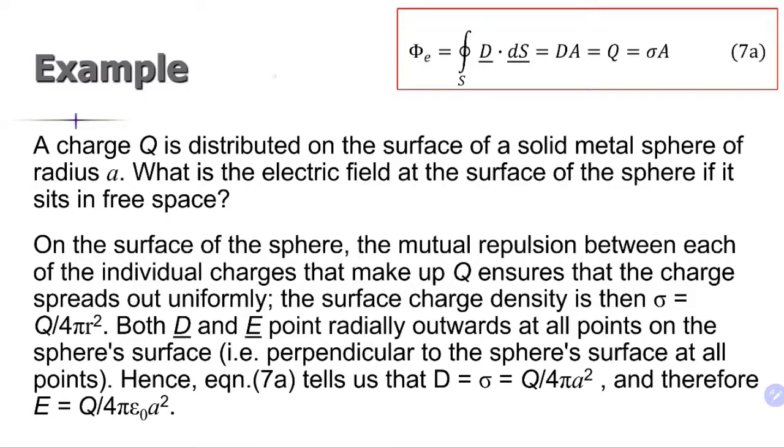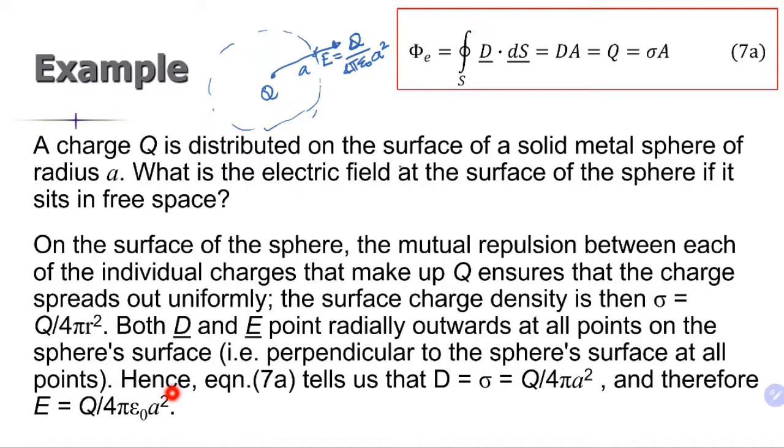If I have a point charge Q at a distance of A, the electric field here is equal to Q over 4 pi epsilon naught A squared. Okay, which is the same as this.